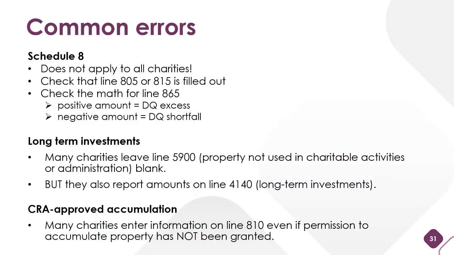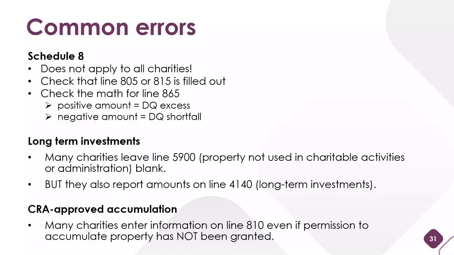Now, we'll go over a few common errors we see in the T3010. If you've been following along, you won't be making these errors. First, it may seem a bit obvious given everything we've been through today, but some charities are filling out Schedule 8 even though they should not. Question C17 is very important, and you should only fill out Schedule 8 if you said yes.